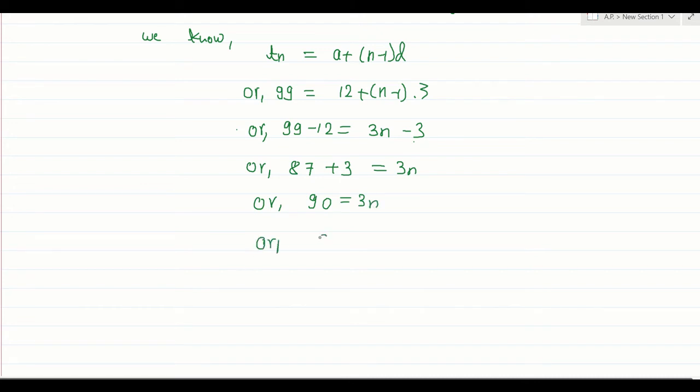Or 90 divided by 3 is equal to n. Therefore, n is equal to 30. It means there are altogether 30 terms which are divisible by 3 and which are of two digits. Is this clear? Okay, then let's go to the next question.